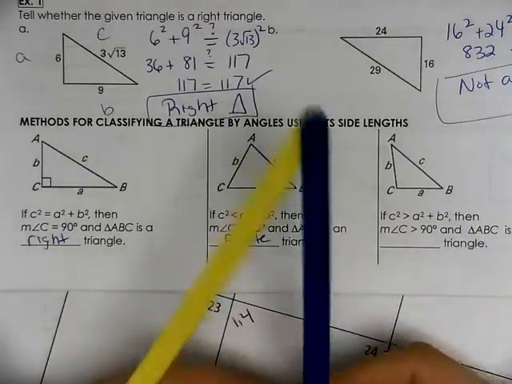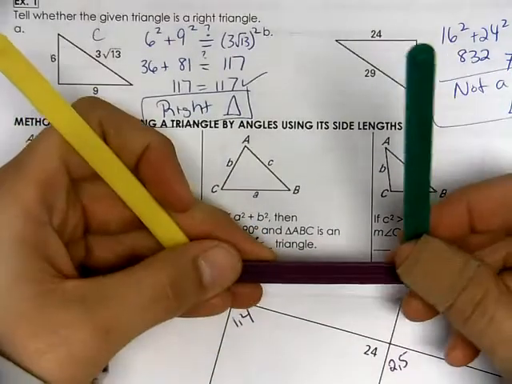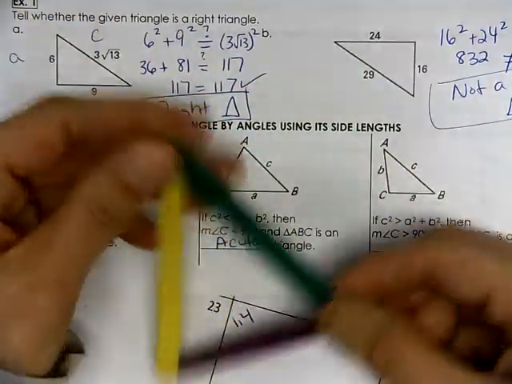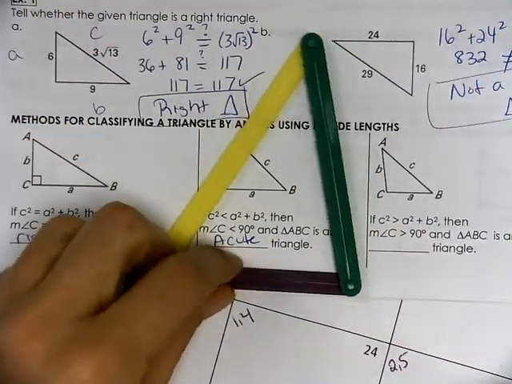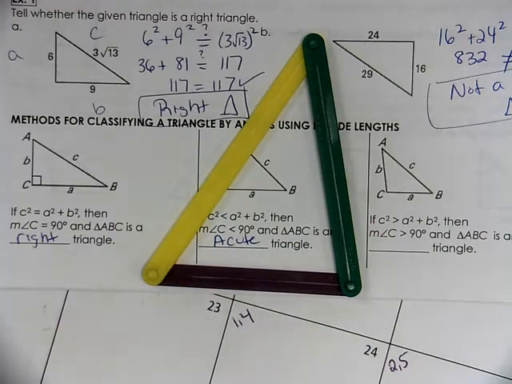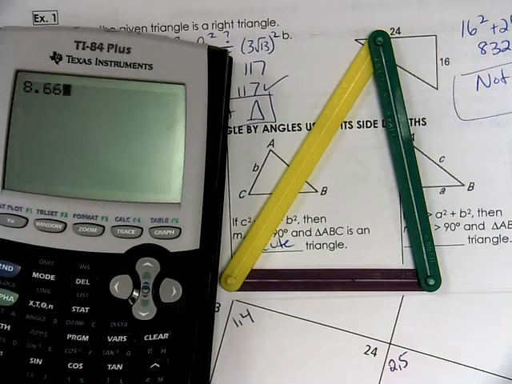So if I use my little thing here, if I take these three, this creates an acute triangle. Remember, acute means that all the angles are less than 90. So the green here is 8.66 squared.